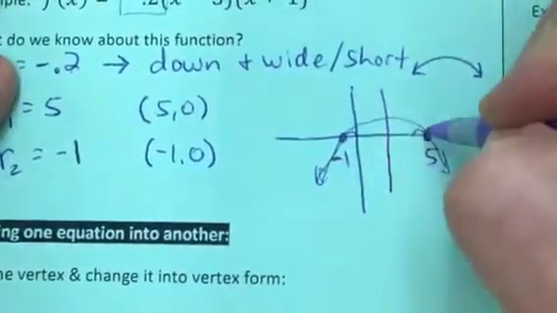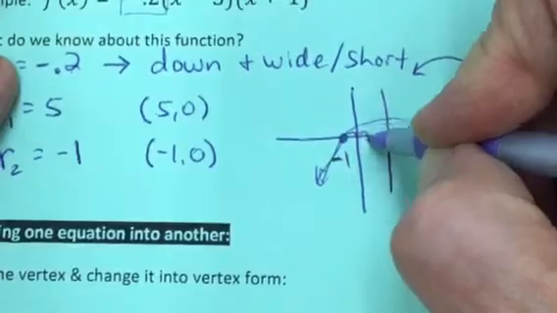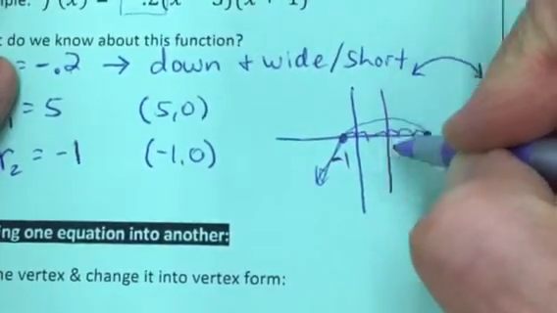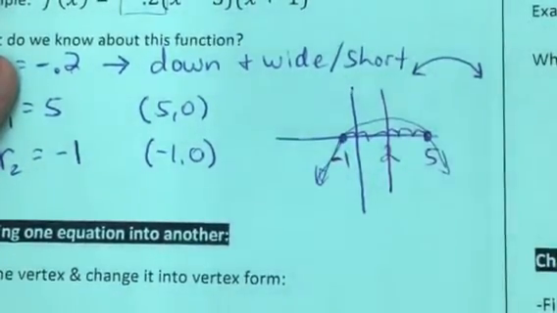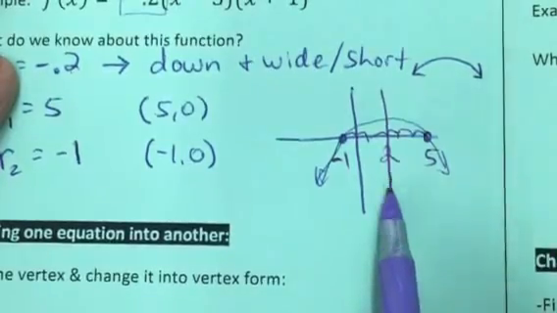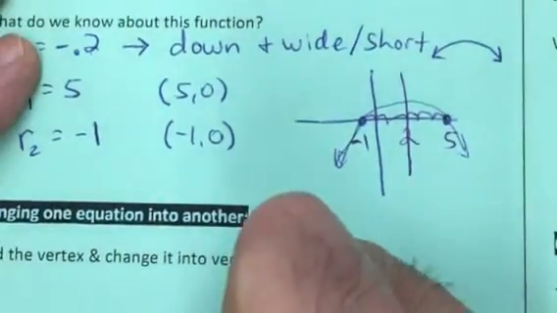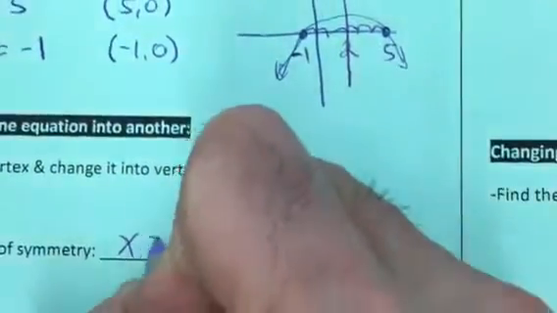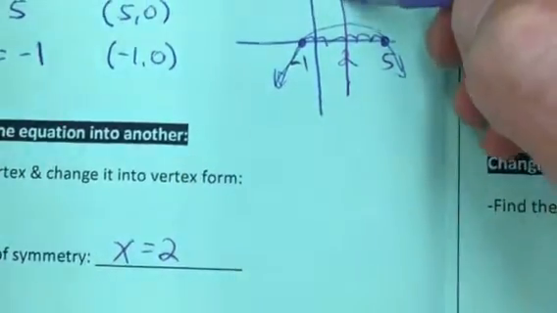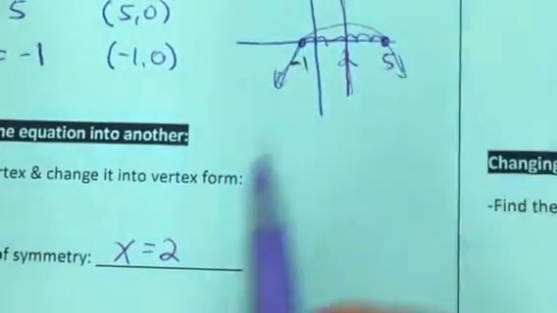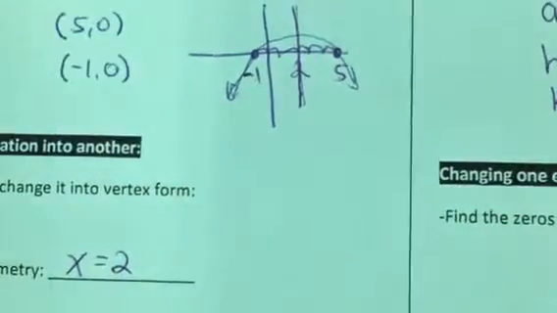4, 0, 3, 1, 2, 2. I know my line of symmetry, x equals 2. That's my line of symmetry, right in the middle between negative 1 and 5. If I know that, I need to find the vertex.